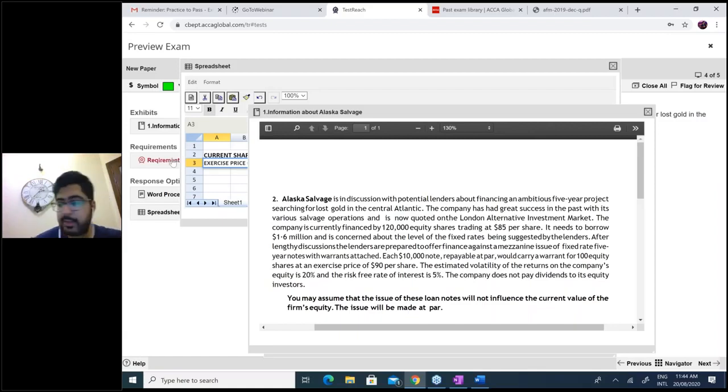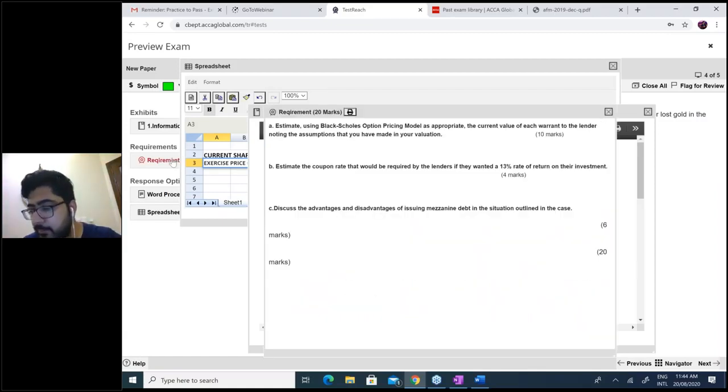Okay, let's move towards the requirement. Estimate, using the Black-Scholes option pricing model, the current value of each warrant to the lender, noting the assumptions that you have made in your valuation.